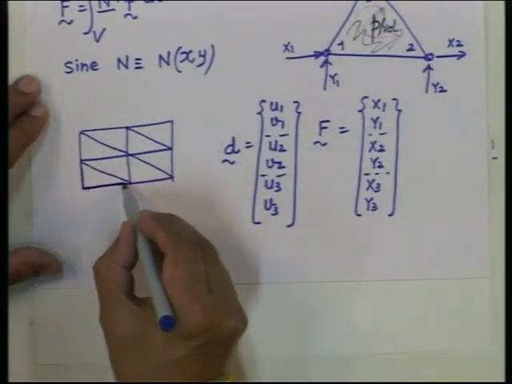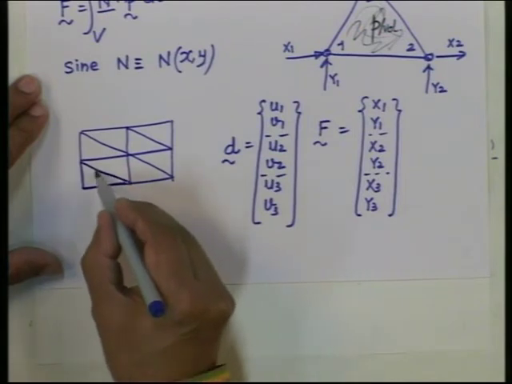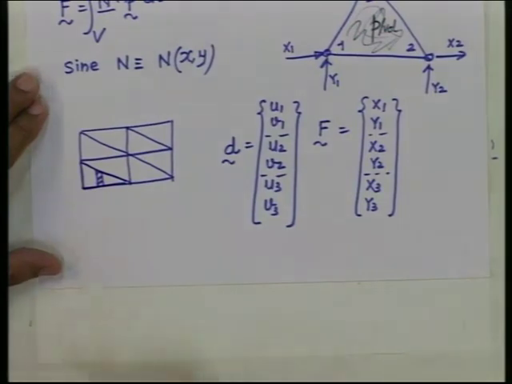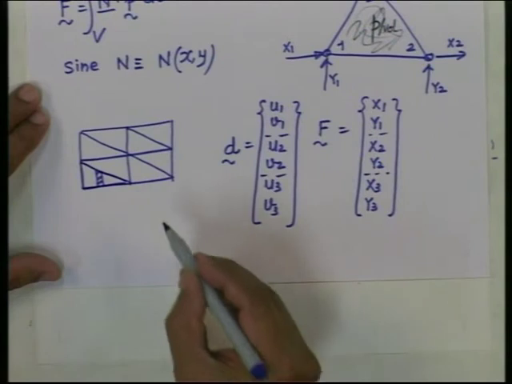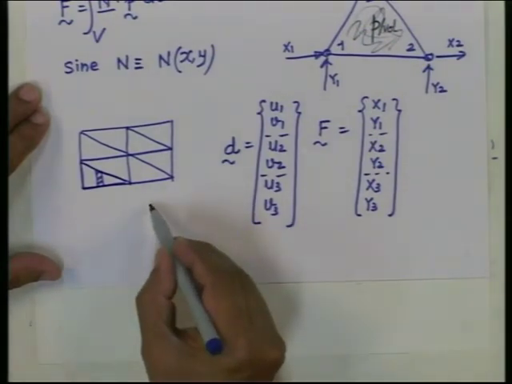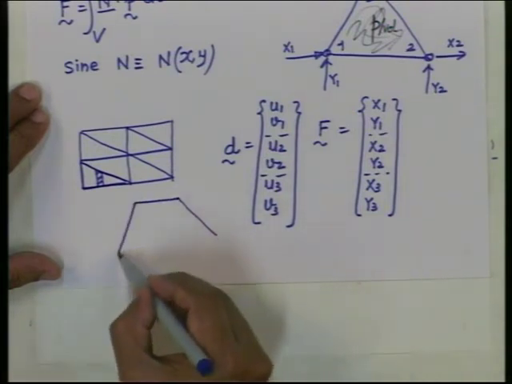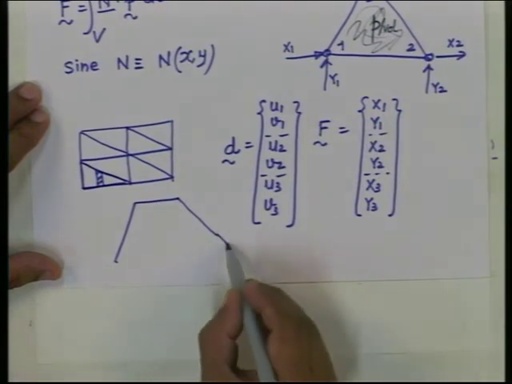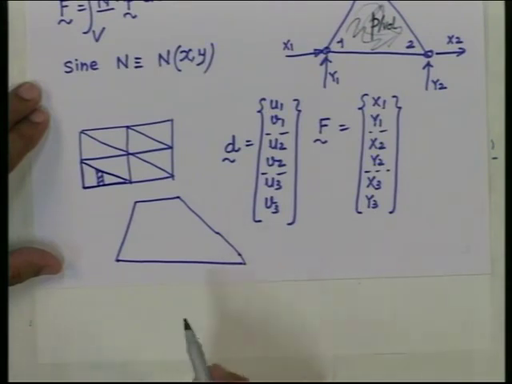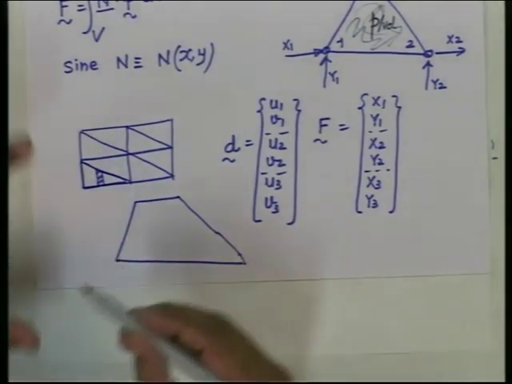So, I can integrate it and get a formula, but not everywhere. If my geometry is like this, a quadrilateral, and I want to use triangles to analyze this, the simplest triangle is I join this by a line.